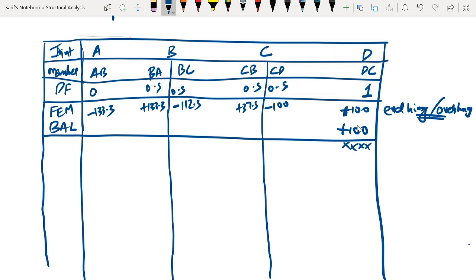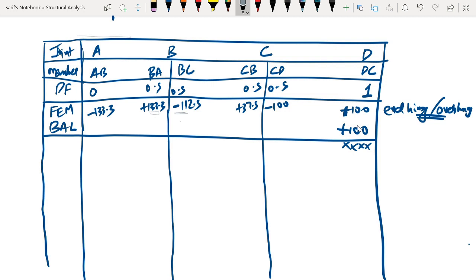Once again, the unbalanced moment at joint B is 133.33 minus 112.5, so the net unbalanced moment at joint B is plus 20.8. To balance it, we have to add a minus 20.8 to the joint B. And when we add that, it will be distributed to the members BC and BA in the ratio of their distribution factors.